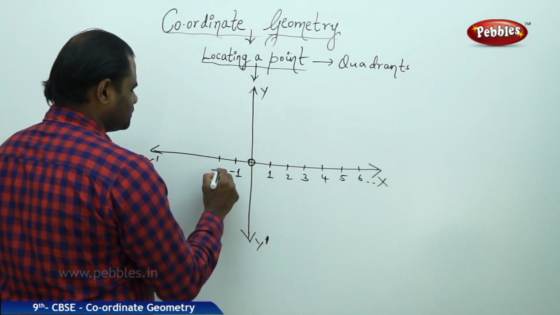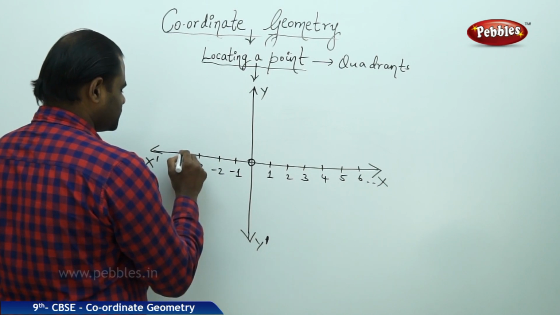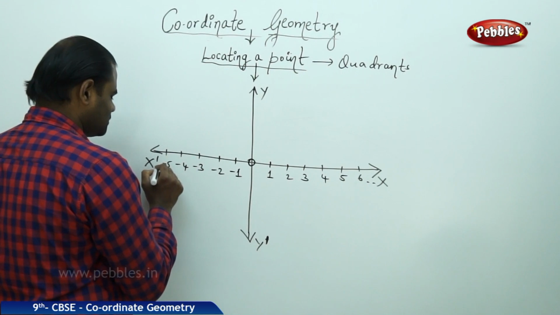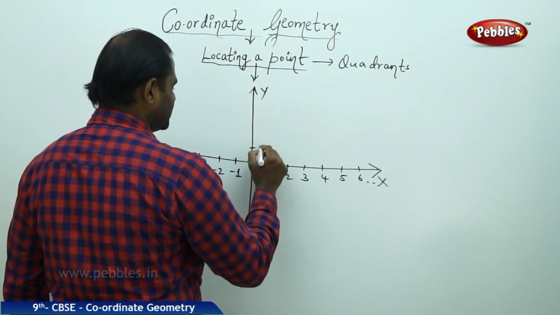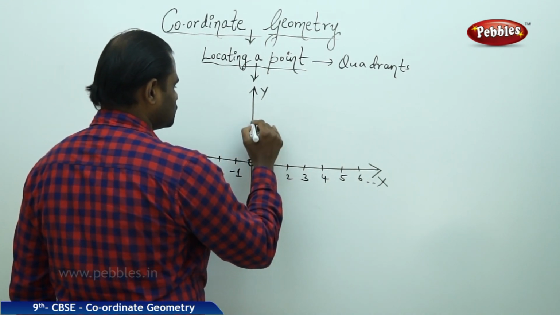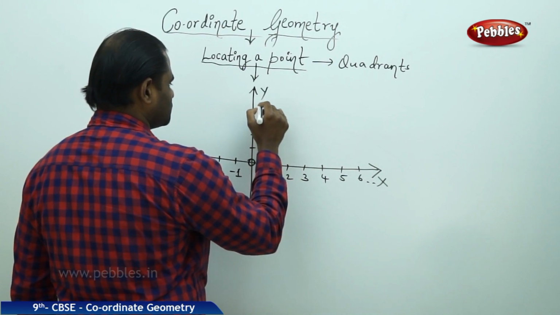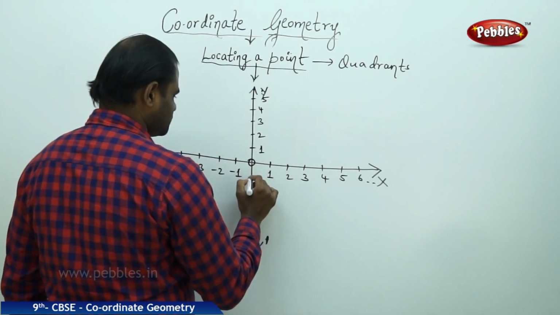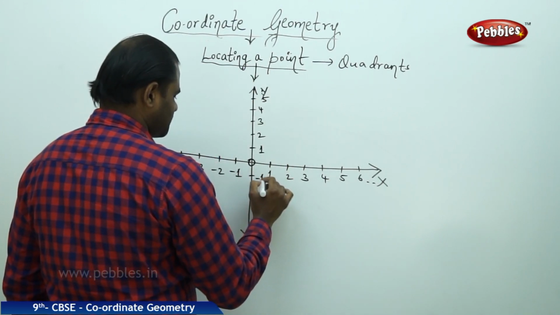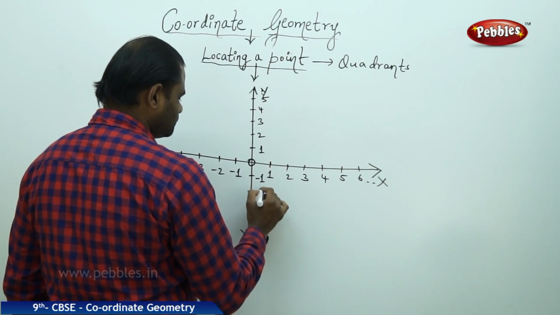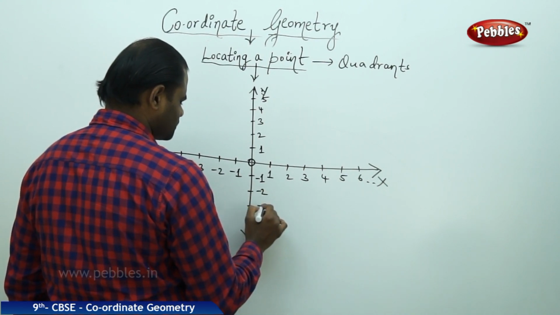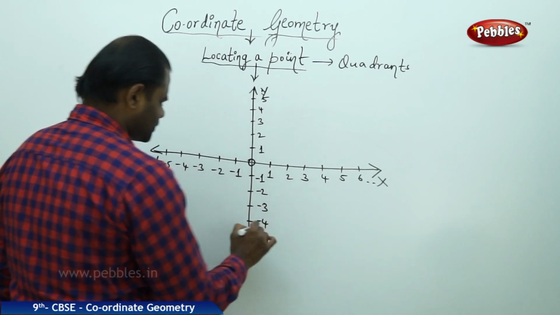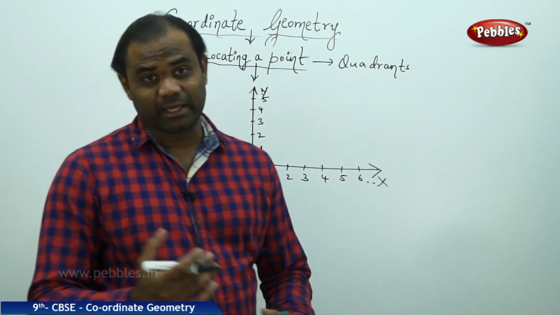Negative 1, negative 2, negative 3 and etc. Here lies 1, 2, 3, 4, 5, minus 1, minus 2, minus 4, minus 5, etc.